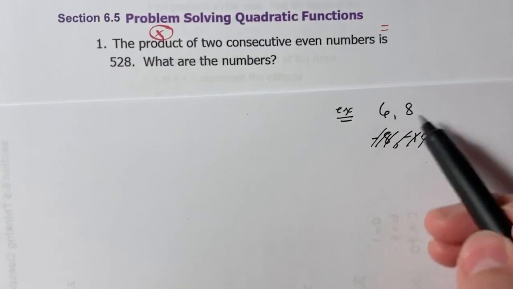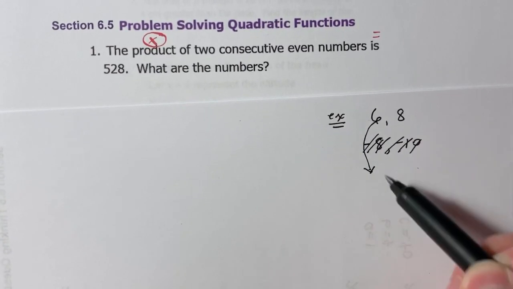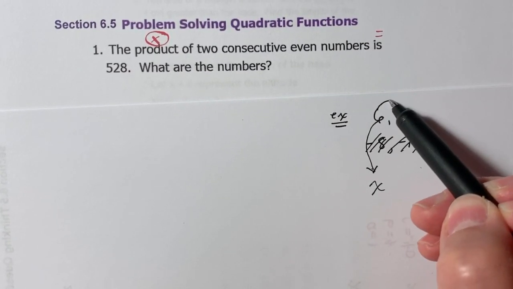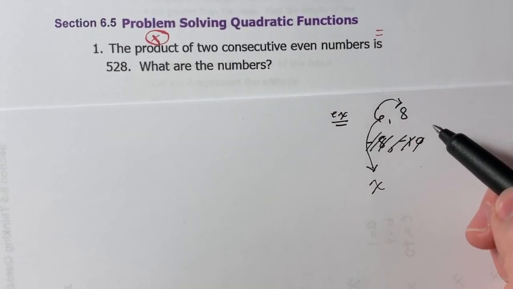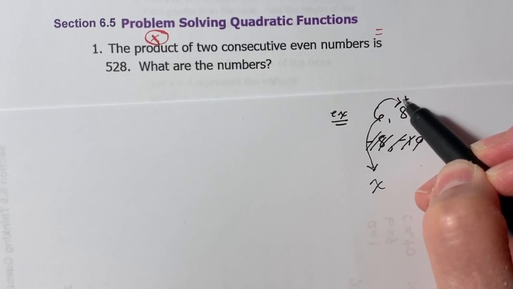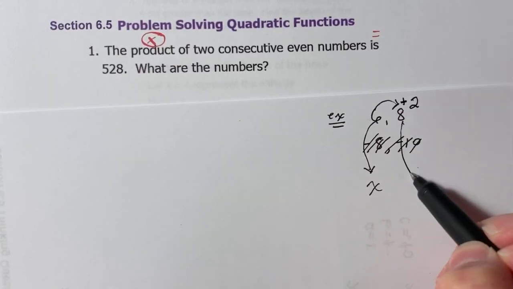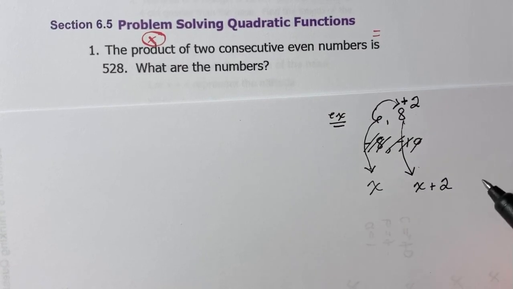So let's look at the positives. If I don't know my number, I call the first one x. And then you think, how do you go from this number to this number? What do you need to do? You need to add how much? 2. So this one will be x plus 2.